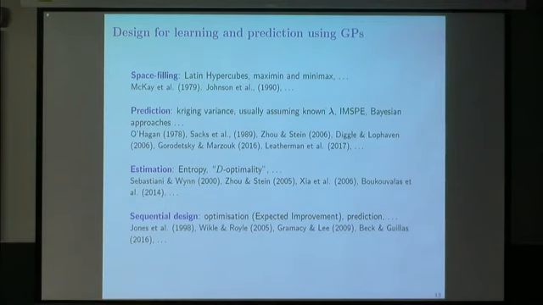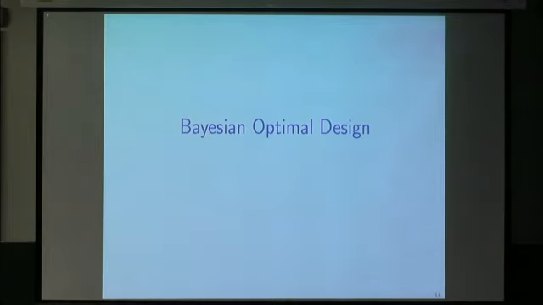If the aim is the estimation of the correlation parameters, we have the designs based on the entropy or the D-optimality. And finally, we have the sequential designs, which are very popular for optimization problems and predictions, where we want to add a point to the existing design.